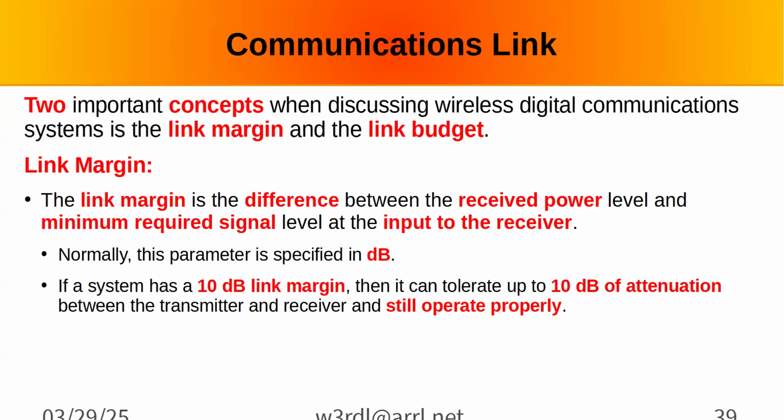But that's how they figure the link margin. It's just the difference between them. You're communicating and you've got a margin of 10 dB because the signal is not going to be constant.